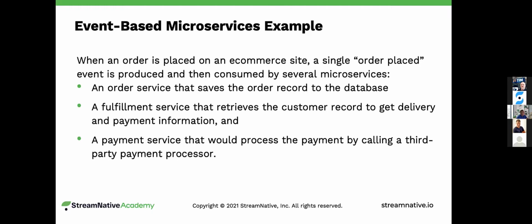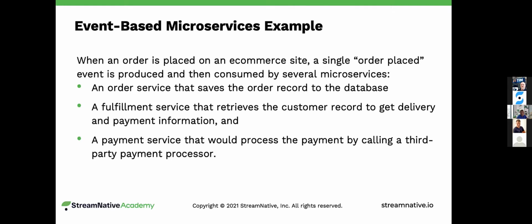So a perfect example, again, of event-based microservices is when an order is placed at an e-commerce site and a single order placed event is produced and then consumed by several microservices, right? Which is sort of the example we show here, right? So in order services, say one service is going to take that same record and update a database. A fulfillment service is going to look at that information and maybe say, okay, I got to go get the customer record and get some delivery and payment information.